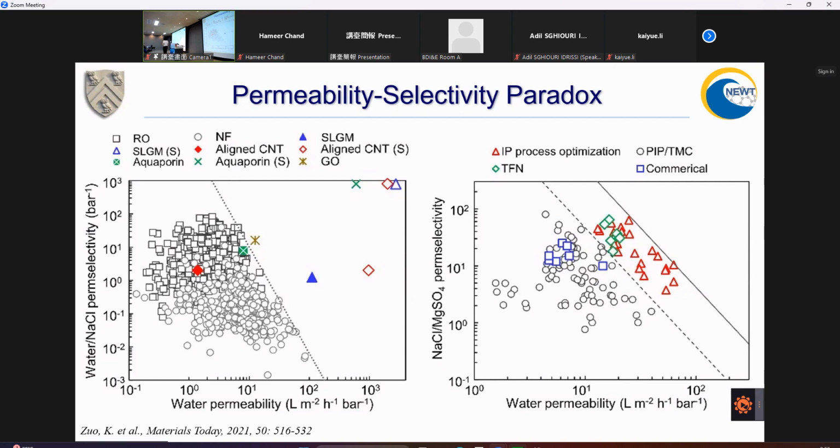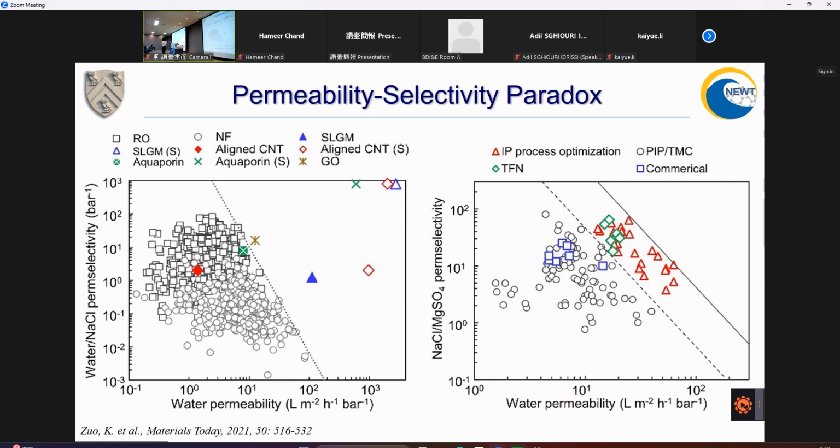So you can see this as separation between water and salt, and this is membrane permeability. We looked at both commercial membranes as well as novel membrane materials that you can find in the literature. And you can see that most materials are bound by this selectivity permeability upper bound.